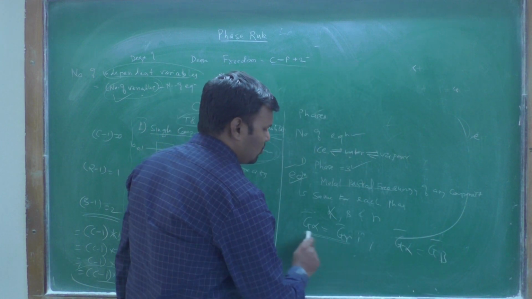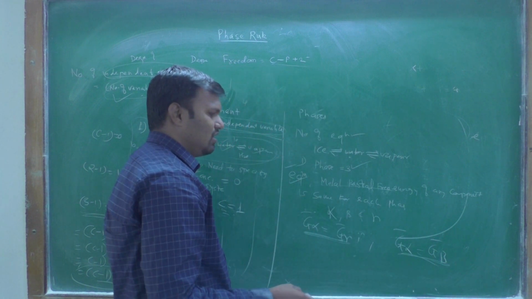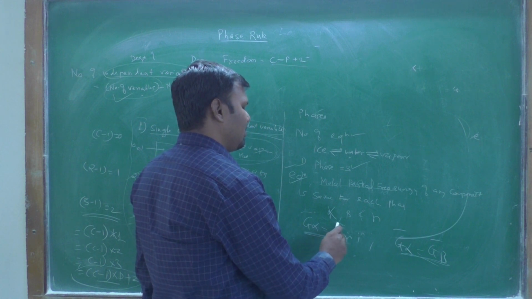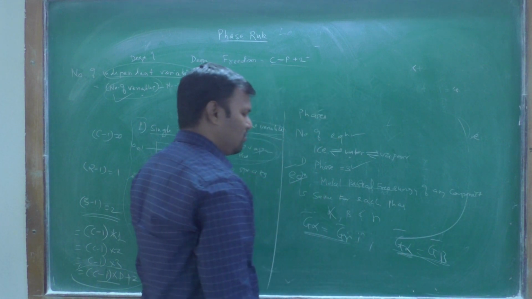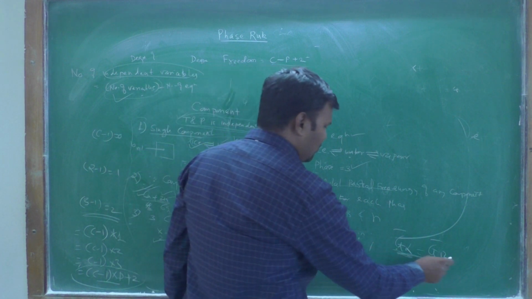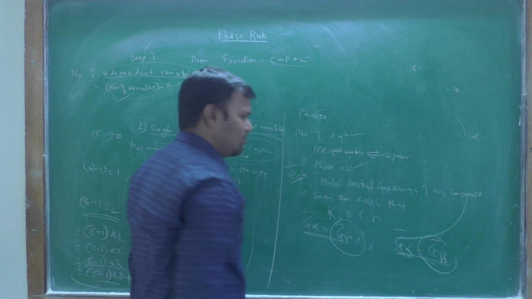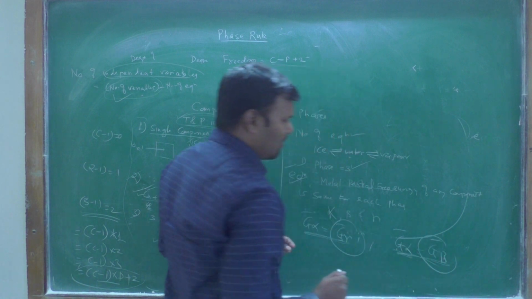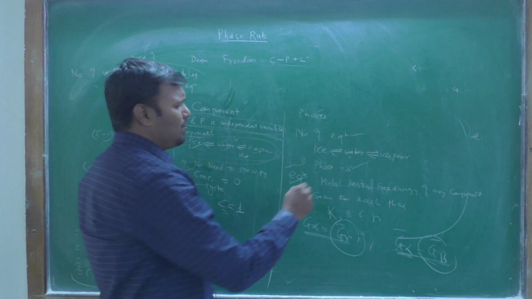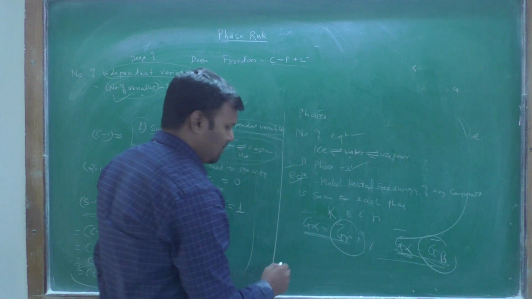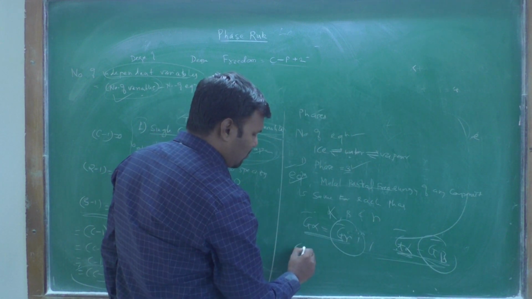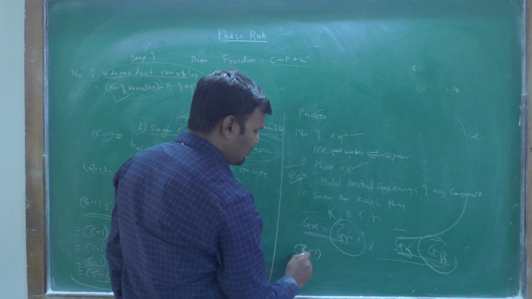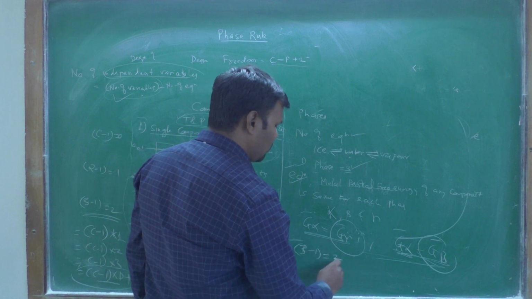Therefore, we have only 2 equations. Mathematically, g gamma bar is equal to g alpha bar, because g alpha is equal to g gamma, and g alpha is equal to g beta. So if phases is 3, it is phases minus 1, that is 3 minus 1, so you require 2 equations.